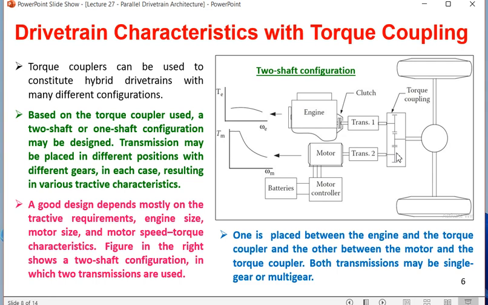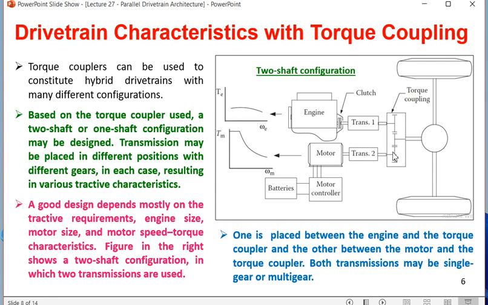Transmission 1 is placed between the engine and the torque coupler, and transmission 2 is placed between the motor and the torque coupler. Both transmissions may be single gear or multi gear. Generally here it is shown that the engine transmission is multi gear, and the motor transmission or electrical transmission is single gear.